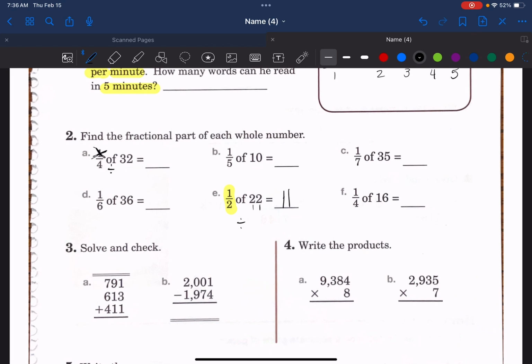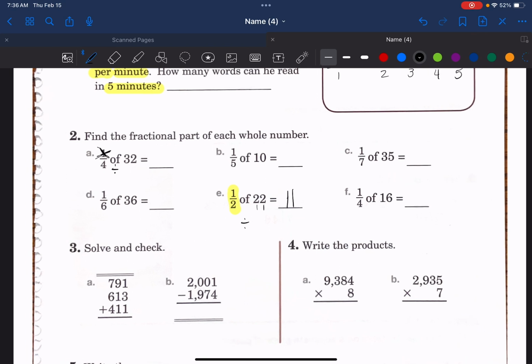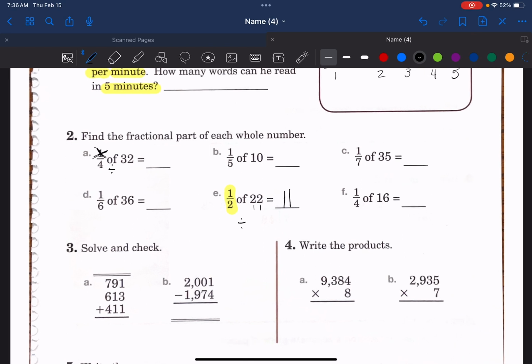So how do you divide that? You do 32 divided by 4, which means you can skip count by 4s until you get to 32. Okay, so the equation that you would write, if you're writing an equation, you go backwards. You start at 32, then you divide, and then you use your next number to find your answer. Okay, so please do those.